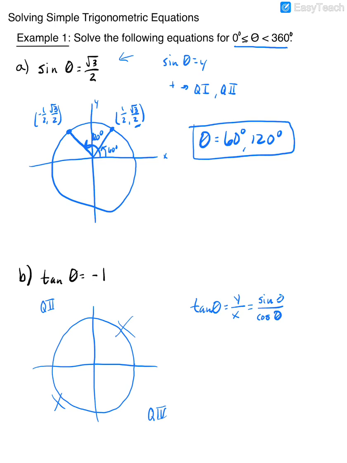The only ordered pair that you can see on there that has exactly the same ratio for each other is the fourths. So if you look at 135 degrees, it'd be negative square root of 2 over 2, comma, square root of 2 over 2.